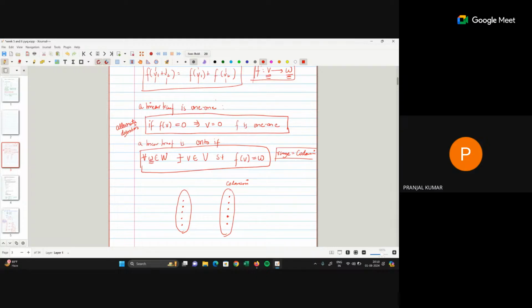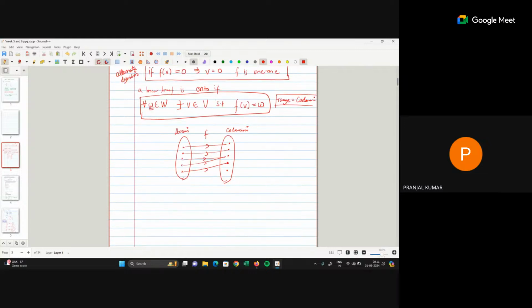Suppose there is a mapping f from this domain to the codomain. Now, can you tell me what is the range of this f? Is it only the first four elements of the codomain set?